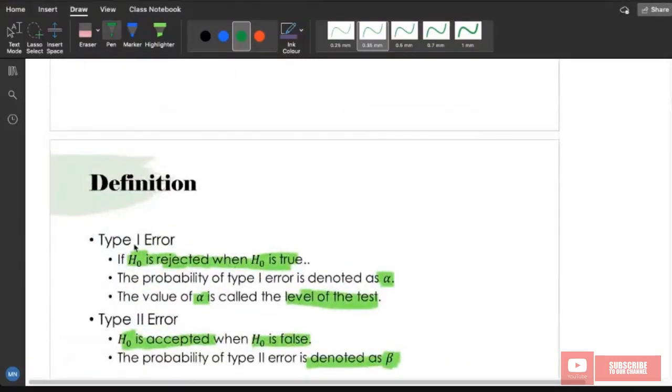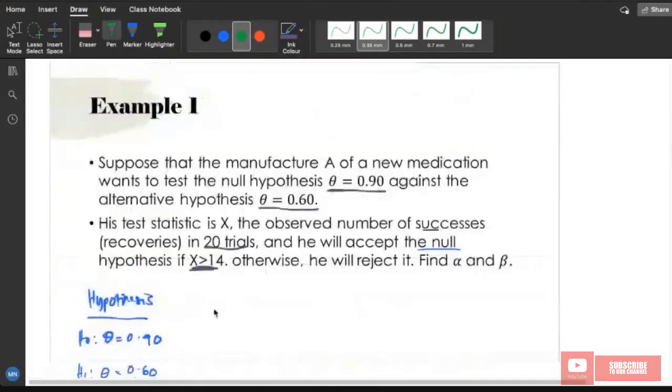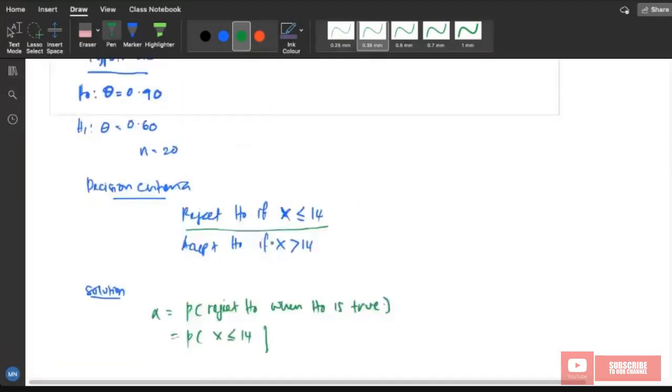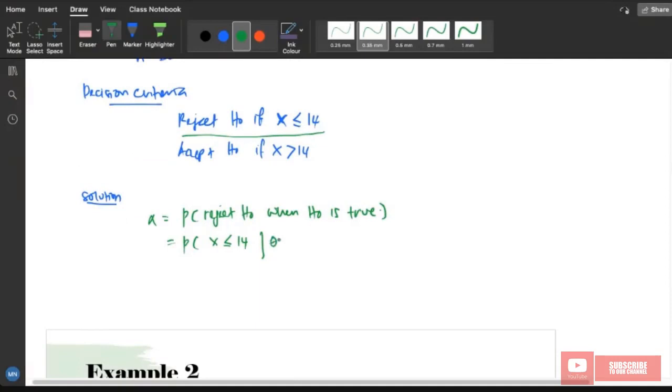Type 1 error is when the null hypothesis is rejected when the null hypothesis is true, right? So the probability of rejecting the null hypothesis is when x is less than or equal to 14. This is the decision criteria. When the null hypothesis is true, theta is equal to 0.90.